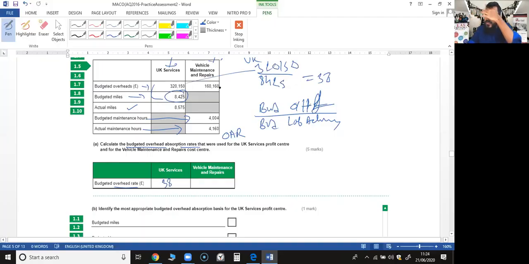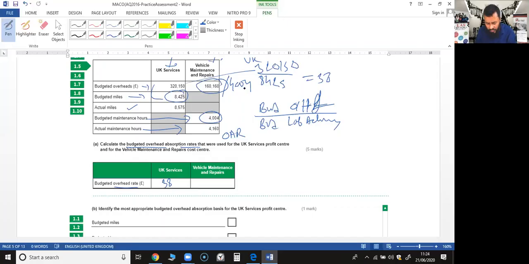And for vehicle maintenance, budgeted money is 160,000. 160 divided by budgeted hours, which are 4004, that is 40. Nadia says 40.25. Why? Let me check it out. It should be 40. Yesterday I was doing the same thing, 160 divided by 4004.